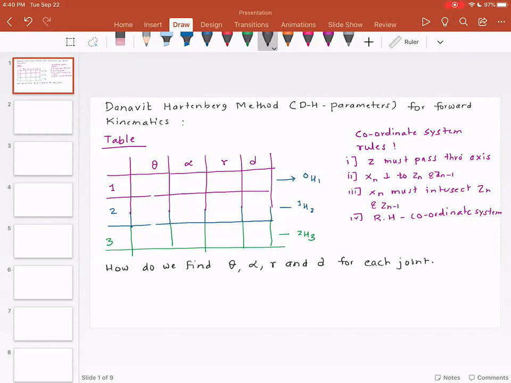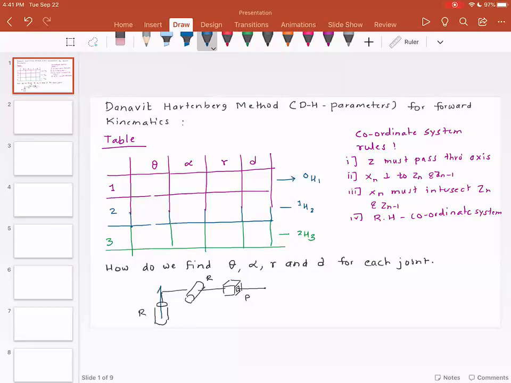So everyone understood the idea: given a robot, step 1 is to add a coordinate system. Say for example, if you have a robot, and I just want to give you a simple robot. This is R, and say there is a P. Now, if the robot is RRP, what we need to do is, first and foremost, follow the 4 rules for the coordinate systems and set up the coordinate system.